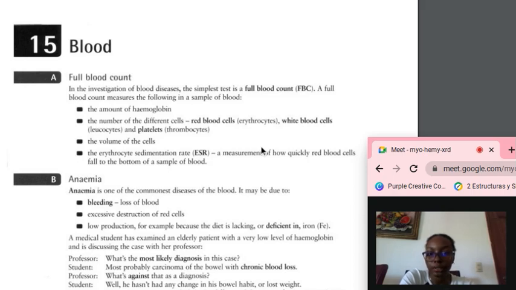Chapter 15, Blood. Full blood count. In the investigation of blood diseases, the simplest test is a full blood count.